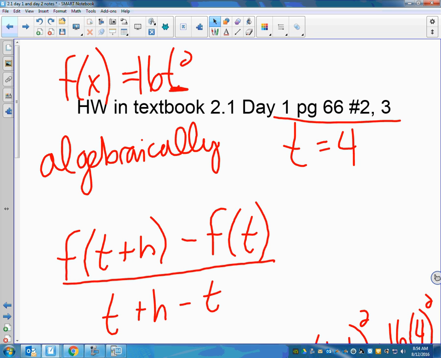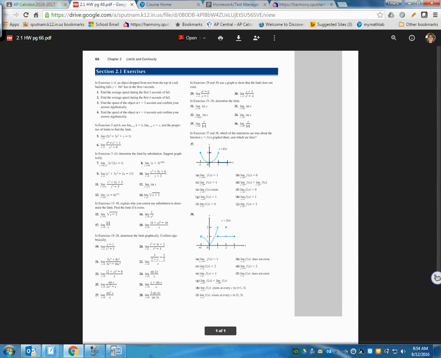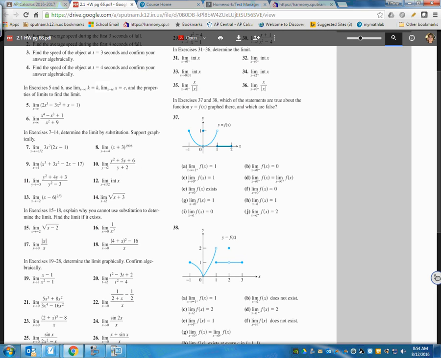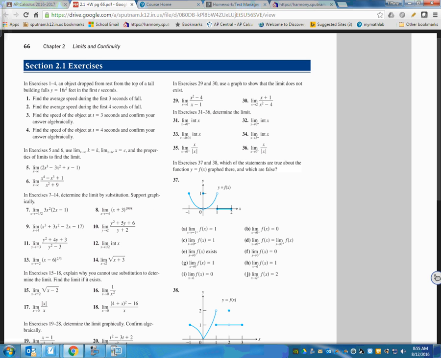If you don't have your textbook with you, guess what? If your internet will work, I put the PDF copies of your textbook right here, and you're just doing number 2 and number 3. You can't really write on this, so you're probably going to need some paper. You can type all that if you want.